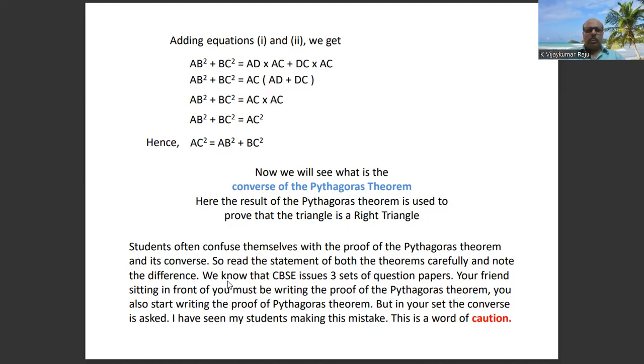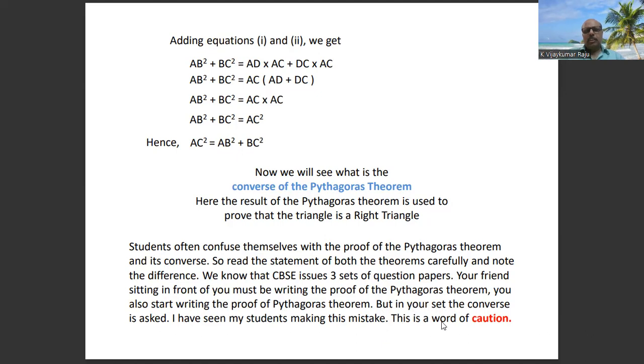Why this is important is, see, we know that CBSE issues 3 sets of question papers: set A, set B, set C. So your friend sitting in front of you must be writing the proof of the Pythagoras theorem because that is asked in his question paper. You also start writing the proof of the Pythagoras theorem, but in your set, the converse is asked. I have seen many of my students making this mistake.